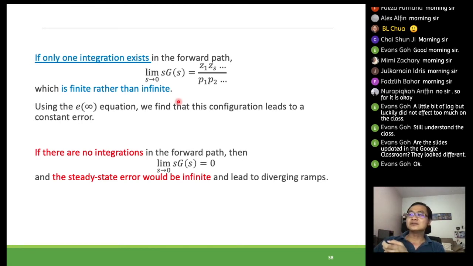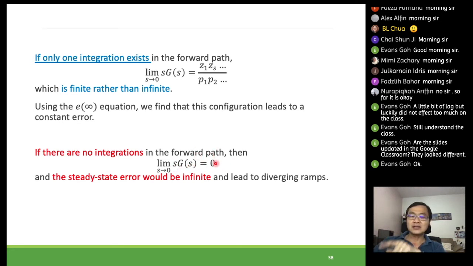If we are given a ramp input and our transfer function doesn't contain any integrator in our forward path, then when we take the limit of sG, we will get 0.